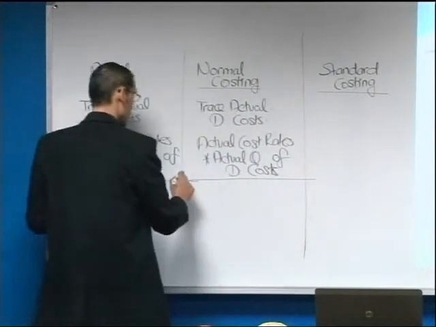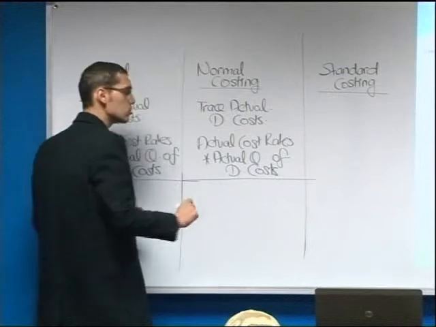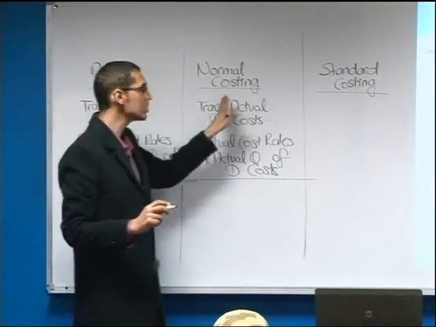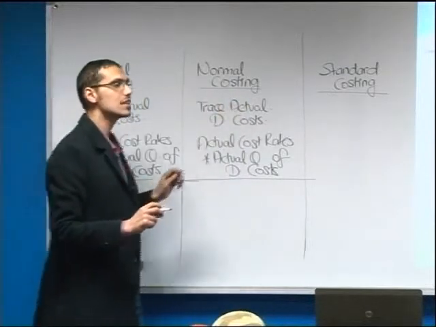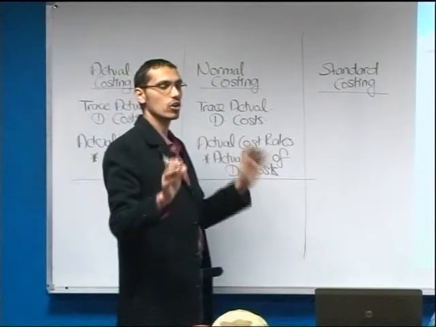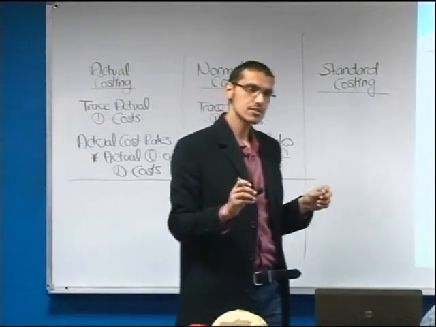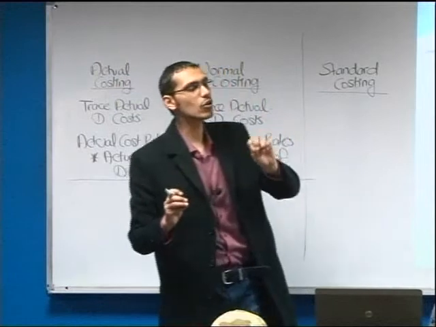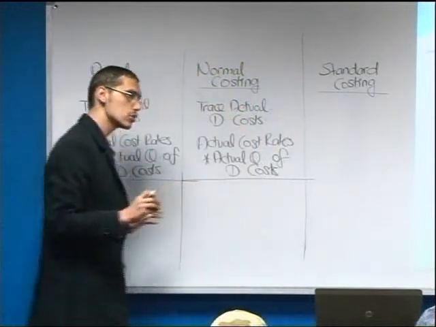Therefore, there is no difference between normal costing and actual costing in the tracing of direct costs. The difference is within the allocation of indirect costs.